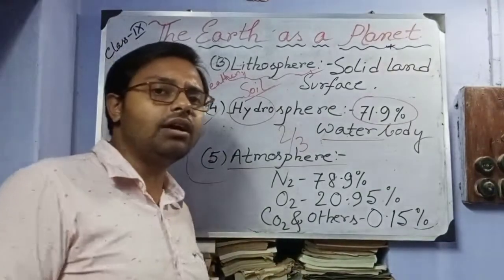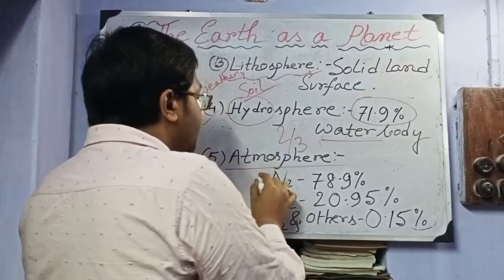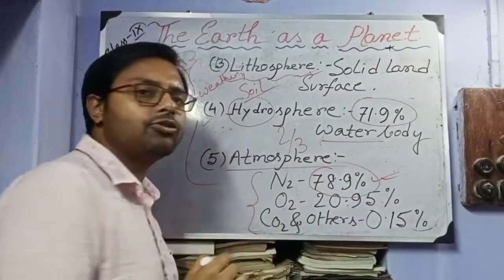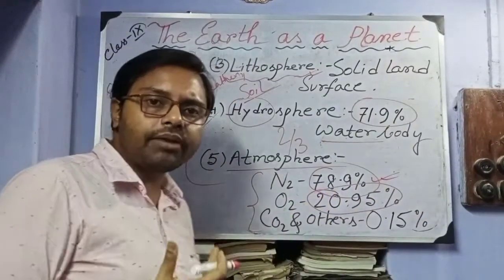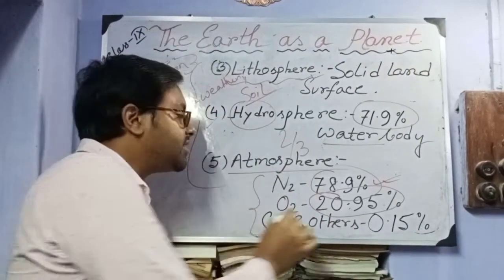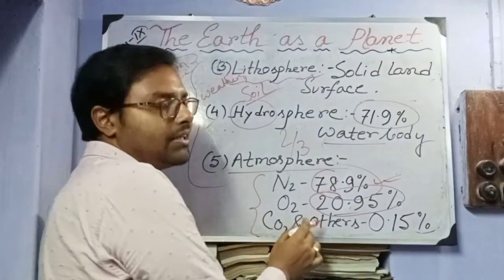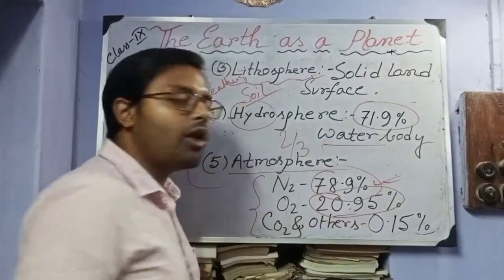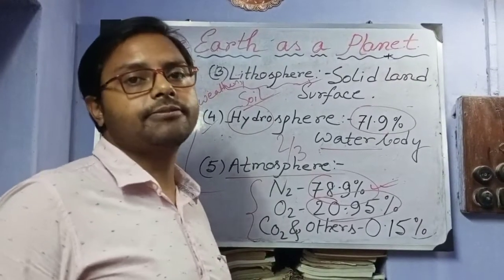That is the atmosphere, where the composition is near about 78.9% nitrogen. Oxygen, on which human beings and animals depend for existence, is 21.95% in the atmosphere, and carbon dioxide and others, on which the trees depend, are 0.15%, which has made the earth an ideal habitat.